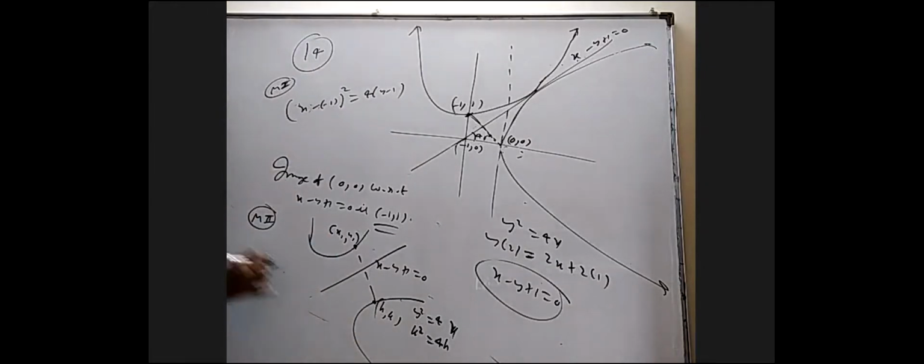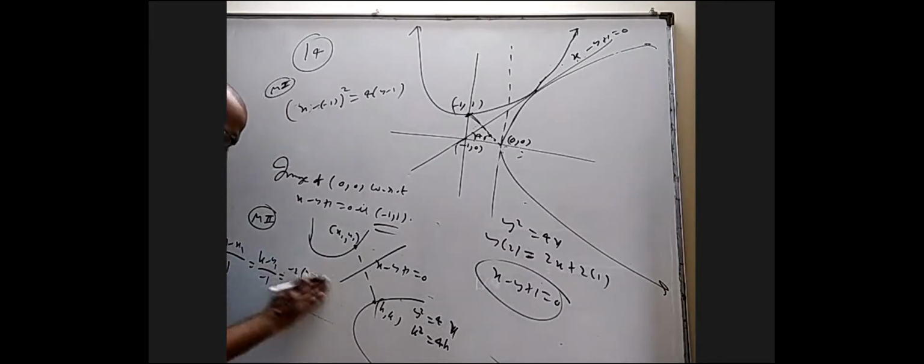Image formula: (h minus x1) by 1 equals (k minus y1) by minus 1 equals minus 2 times (x1 minus y1 plus 1) by 1 plus 1, which is 2. The 2 will cancel.